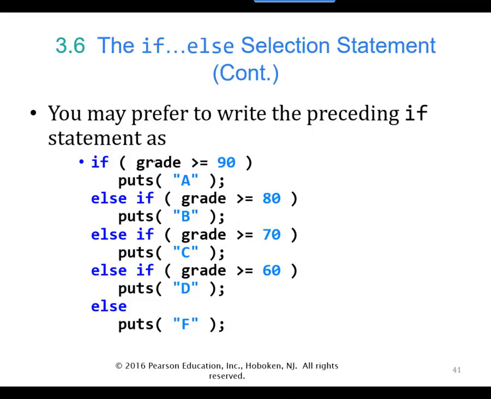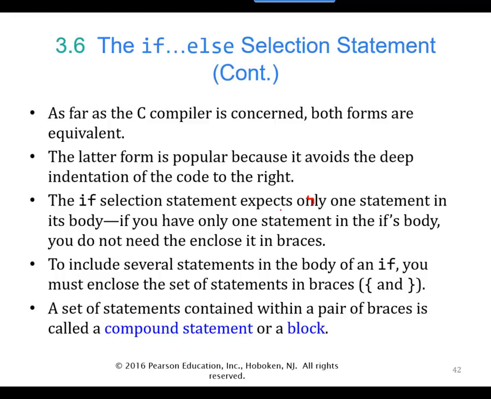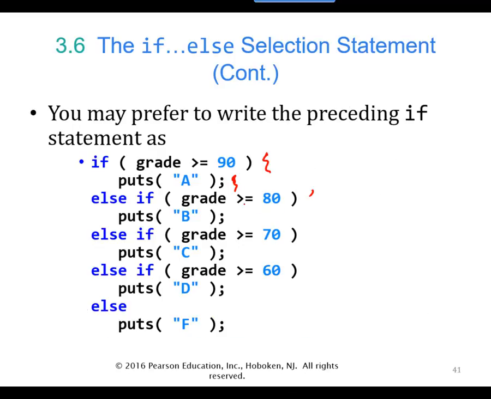He didn't put a brace here or here, because there's only one statement in each else or each clause, so the braces are not necessary. If we wanted 3 or 4 statements, then we have to put the braces in there.